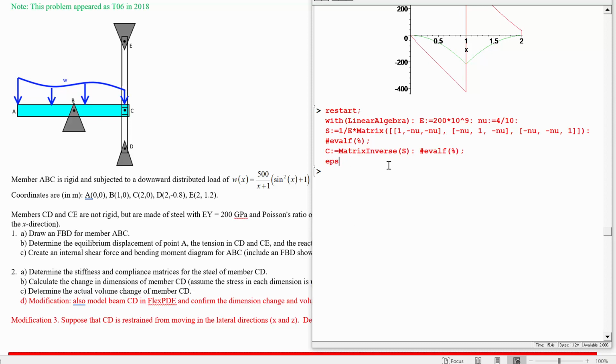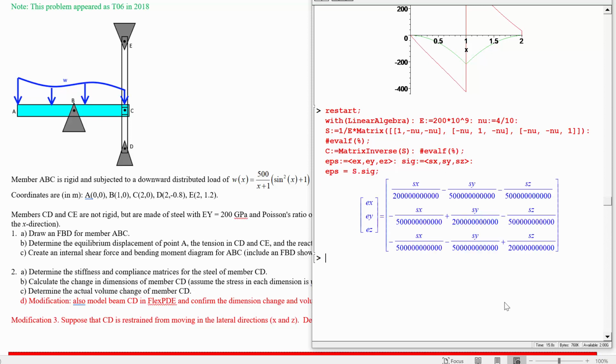So we can say that epsilon, which is epsilon x, epsilon y, epsilon z, and sigma, which is sigma x, sigma y, sigma z, are related via the compliance matrix by writing out that epsilon is equal to S dotted with sigma. Okay, and for the particular compliance matrix that we have for this Young's modulus and this Poisson's ratio, we end up with the following relationship.